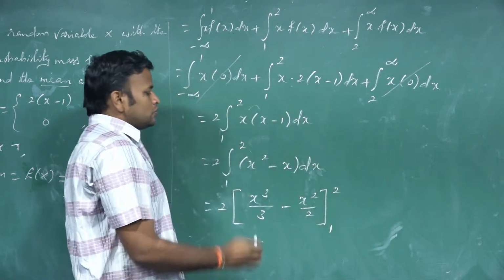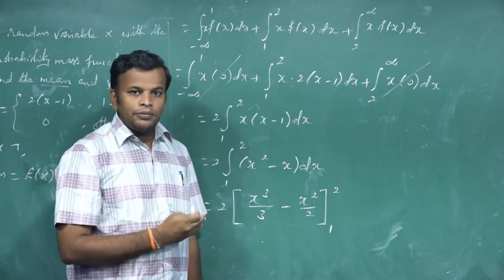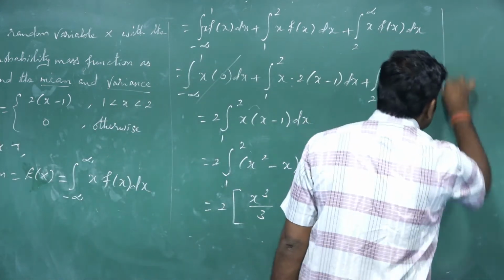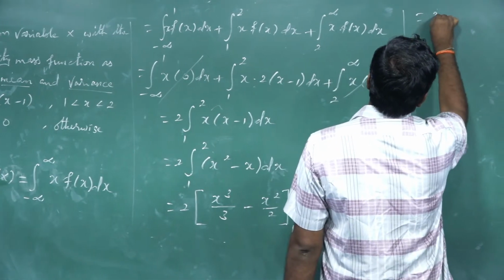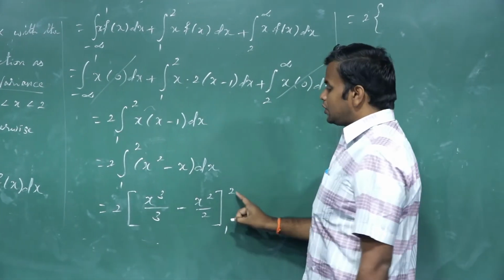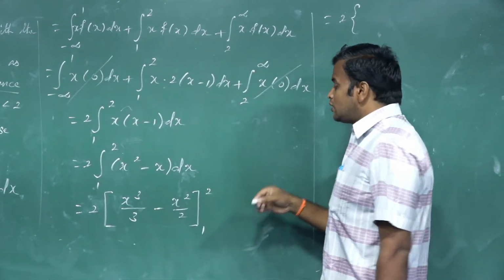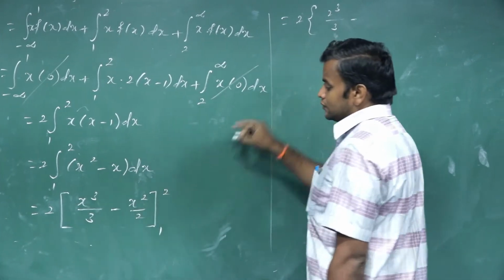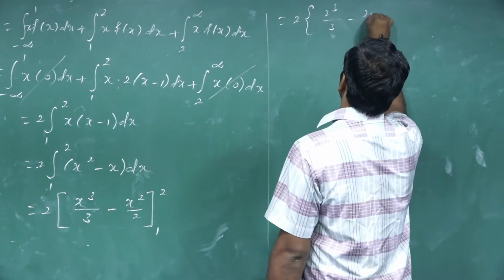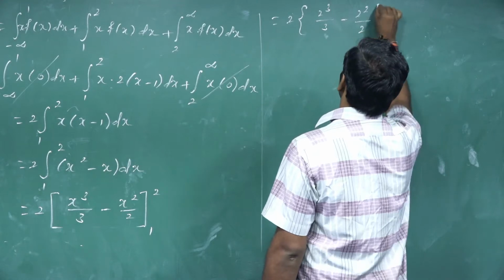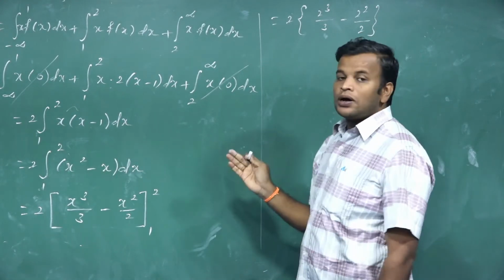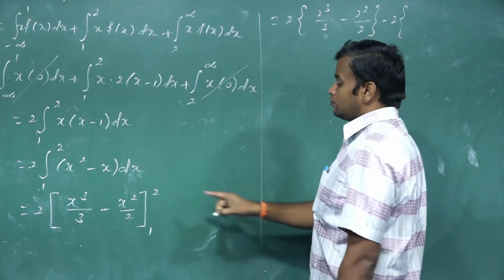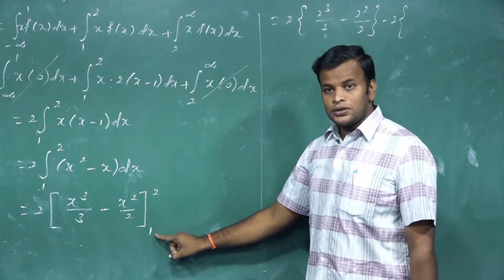We know very well how to substitute the limit. First we apply the upper limit minus the lower limit. But the number 2 outside is there. 2 of, the upper limit is 2, so to substitute here, 2 cube by 3 minus 2 square by 2. So upper limit is this, minus the lower limit, minus 2 of, what is the lower limit? 1.